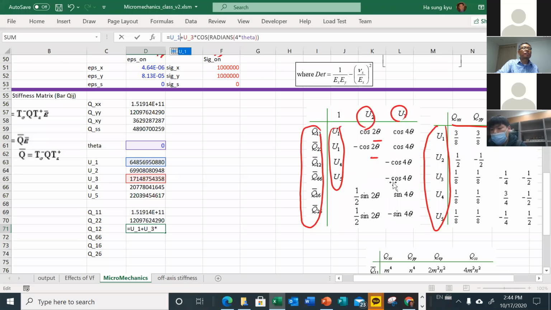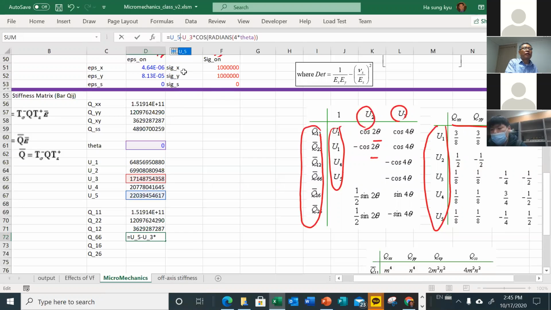And then cosine minus cosine 4 theta. This will be U4 and U3 and minus and cosine, right? Same as that one. I mean, it's Q66 instead, with U5.